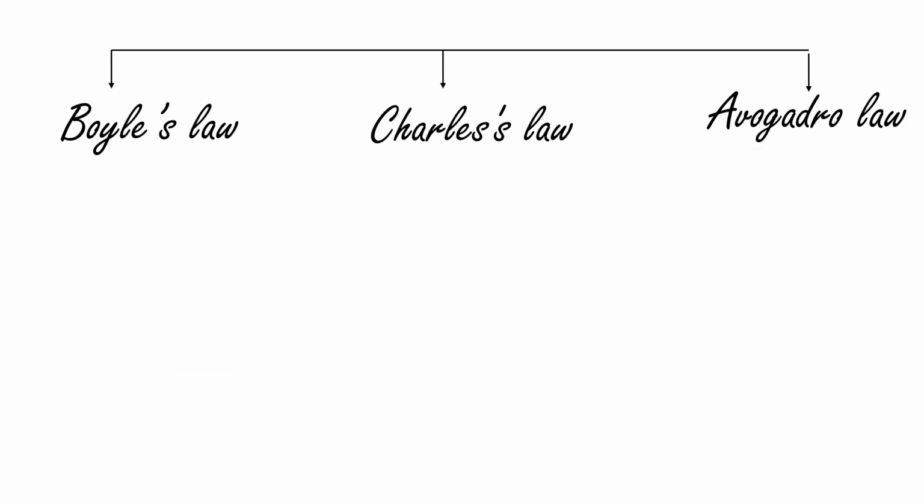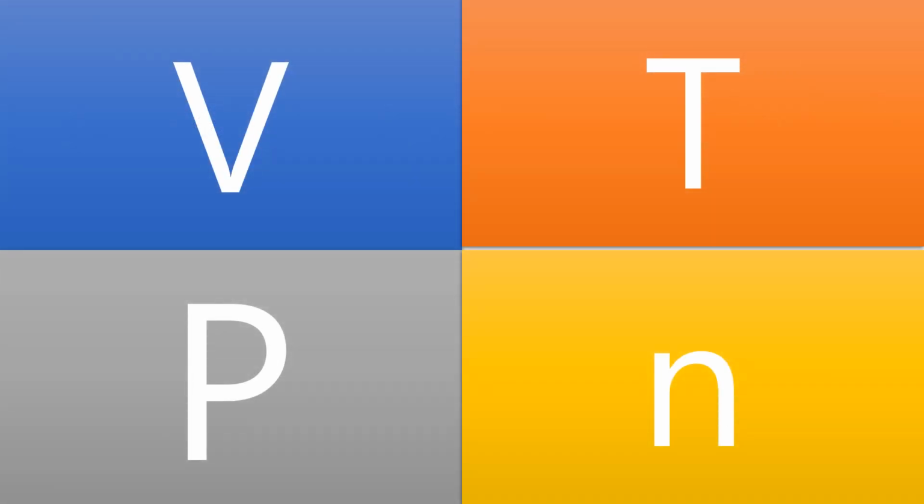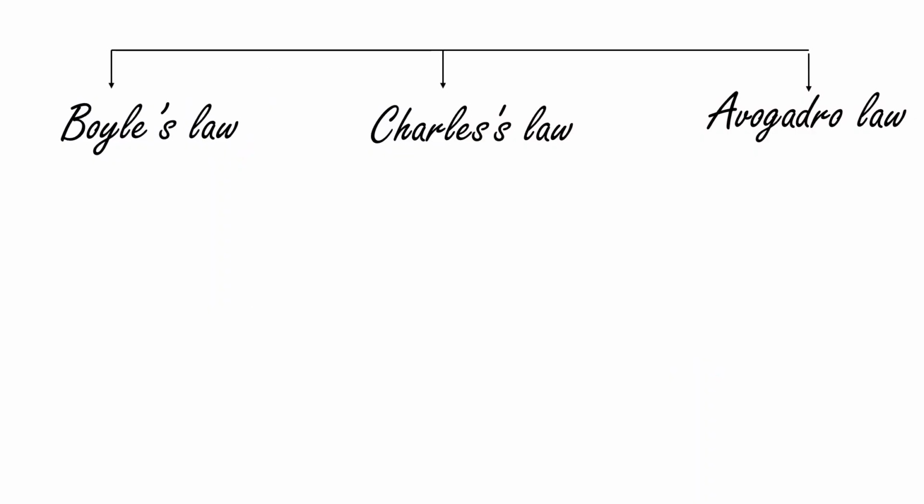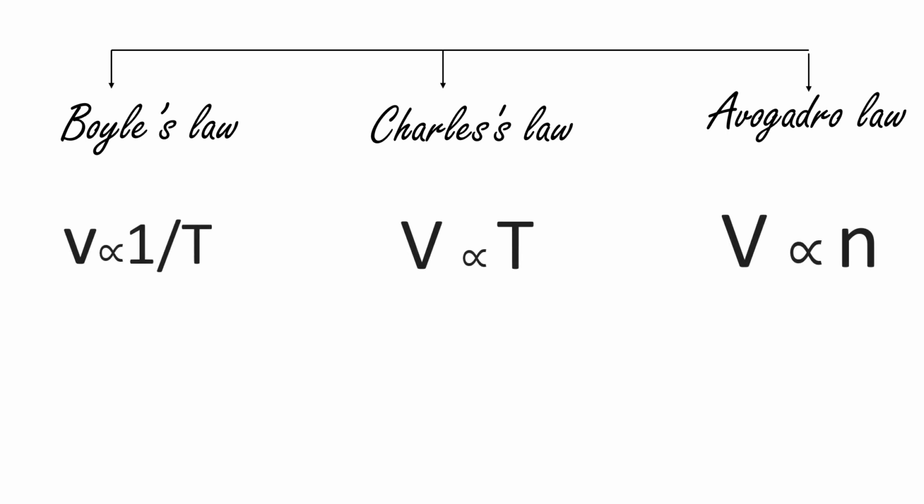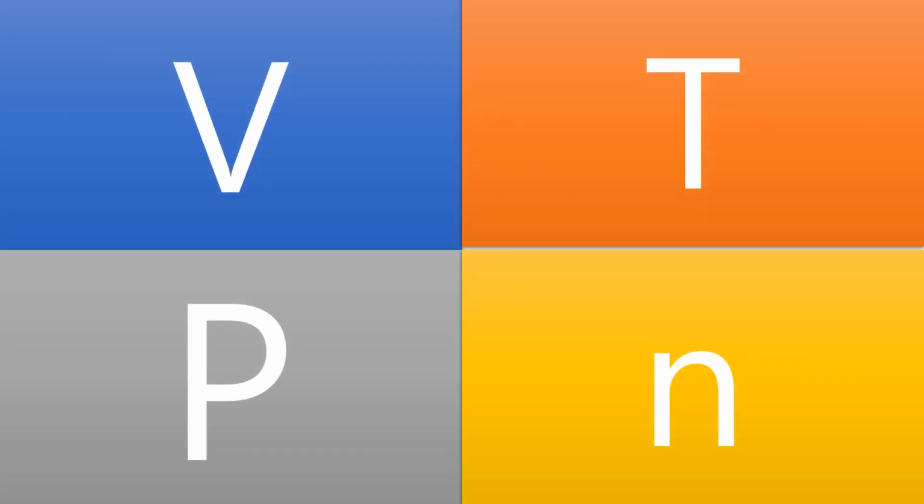Let's take the relationship between them. In Boyle's law, it is stated that when the volume increases, the pressure will decrease. But in Charles' law, what was stated? As the temperature increases, the volume also increases.